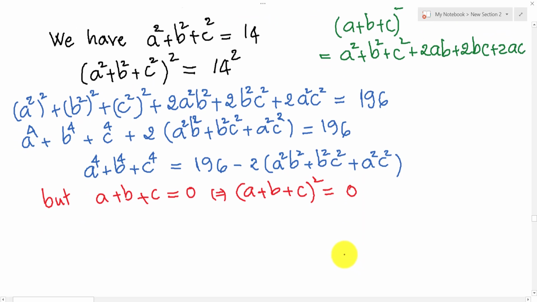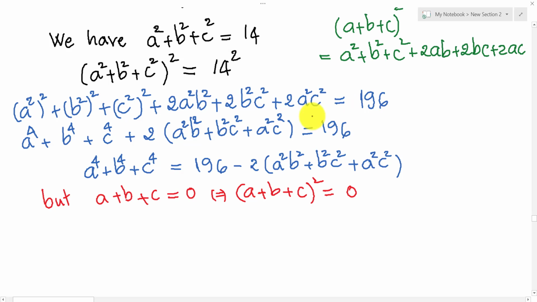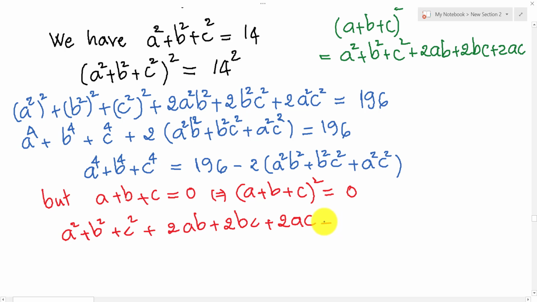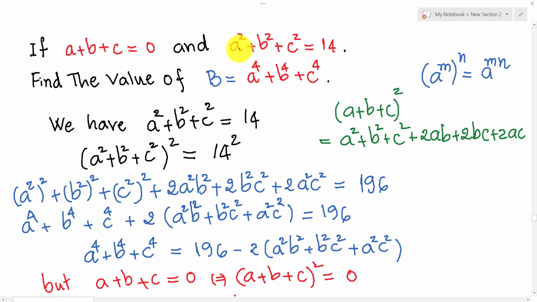And then we use this rule, so we get a square plus b square plus c square plus 2ab plus 2bc plus 2ac equals 0. And we have a square plus b square plus c square equal 14, so I can replace it by 14.